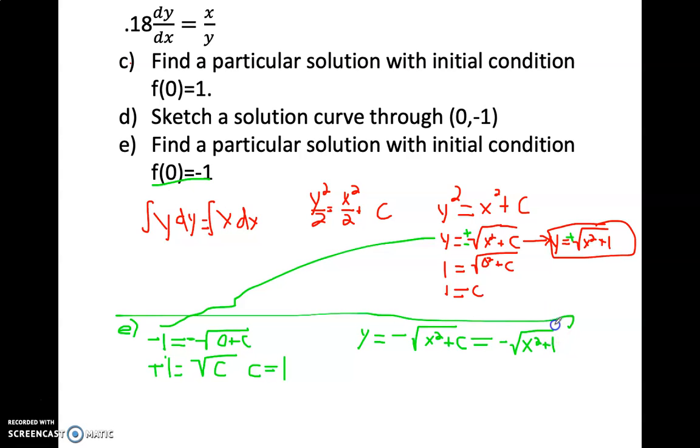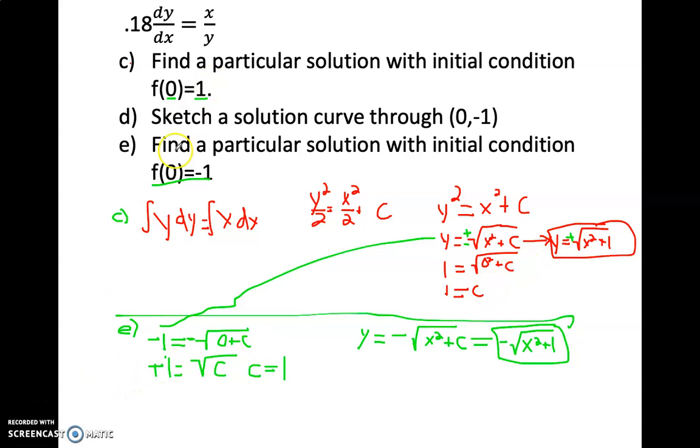I probably didn't choose the best method to go through this, but I'll explain it one more time. So up here for letter C, at this point the plus or minus happens, and we pick plus because an input of 0 leads to a positive y. So x leads to a positive y value. And since y equals plus or minus right here, I know the answer is supposed to be positive, so I picked the positive version. So solving it is no big deal.